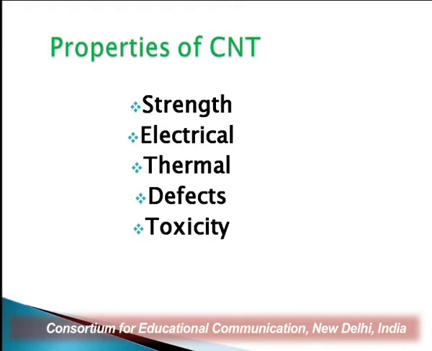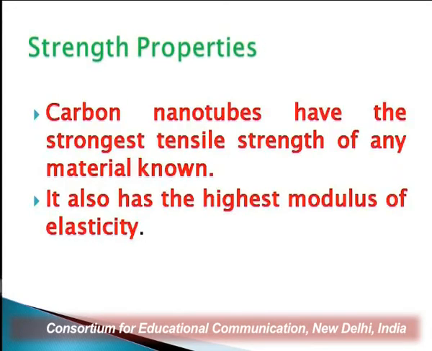Toxicity is one of the properties of carbon nanotubes, which matters for medical purposes or in biosciences. In strength, carbon nanotubes have the strongest tensile strength of any material, so it is called the hardest material. It also has the highest modulus of elasticity.